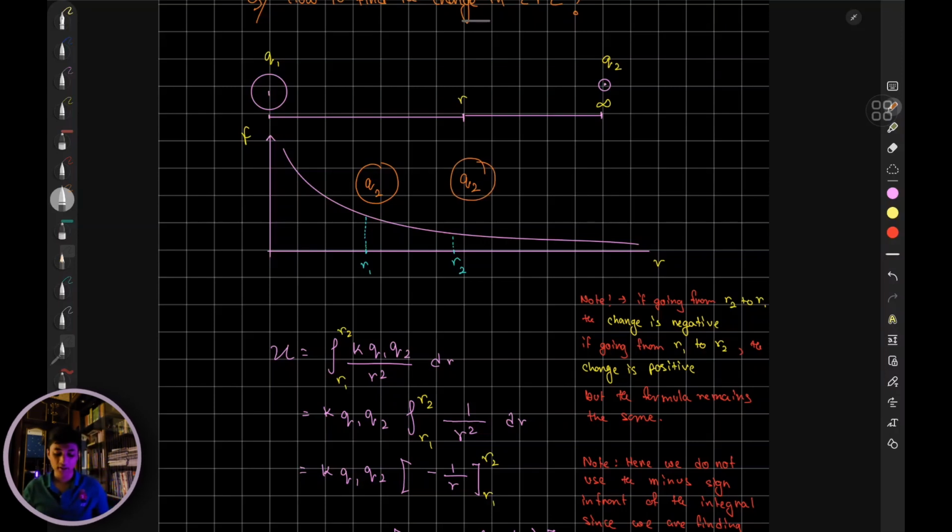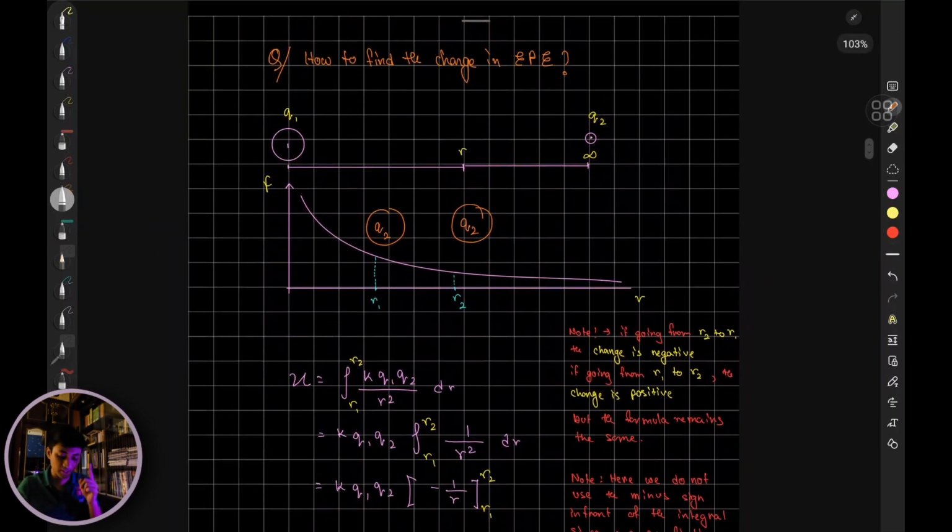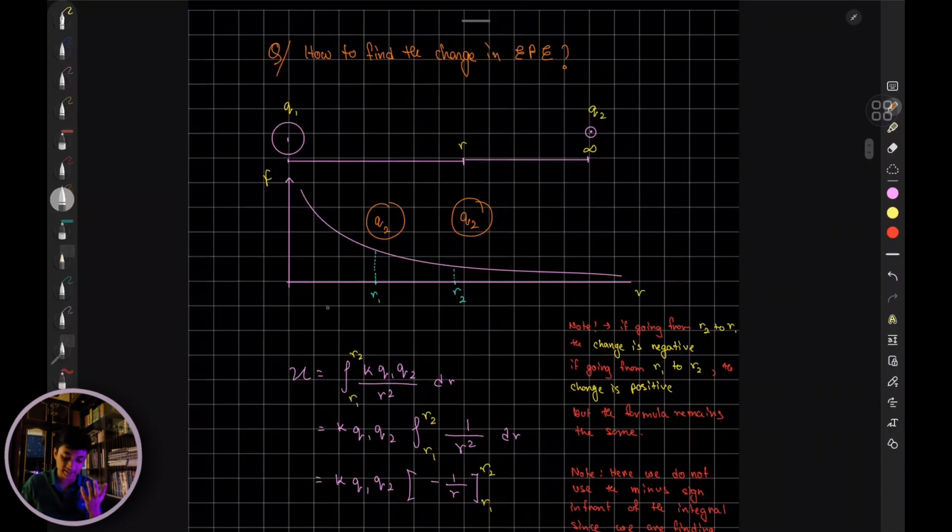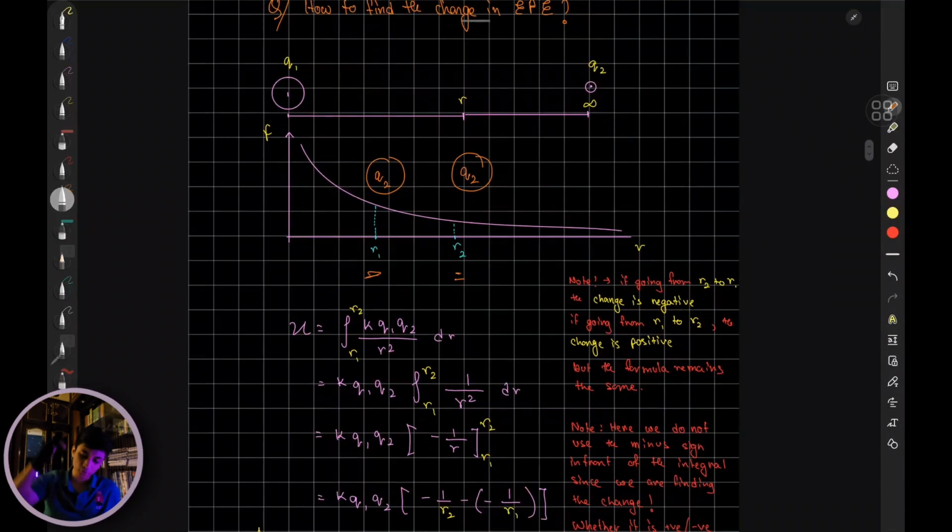r2. To find the change in electric potential energy, again we integrate this curve from position 1 to position 2, and you're going to integrate and find out the work done on the charge q2. In this case they can be repulsive, they can be attractive, you don't know that.